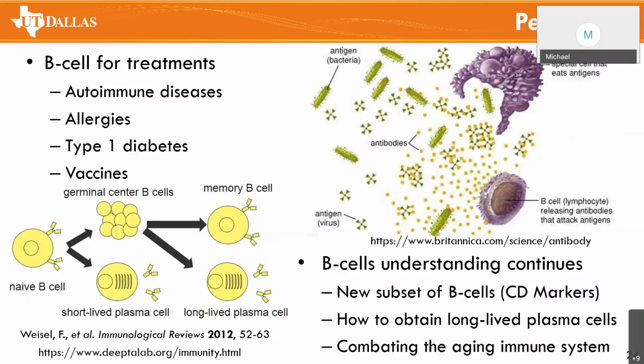So a lot of studies are trying to understand how they develop, or what causes the regulatory B cells to be created. What we're trying to understand for vaccination is how do we attain long-lived plasma cells, and also understanding how to combat the aging immune system. And so there's this theory that your immune system can only develop a certain amount of memory B cells and memory T cells.